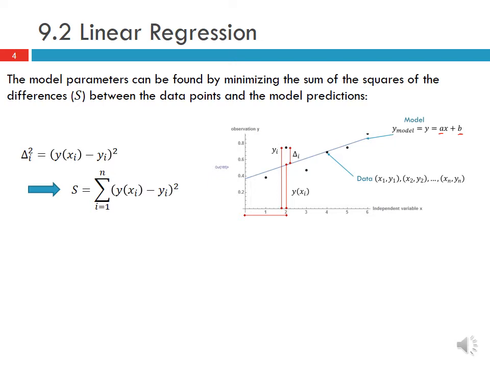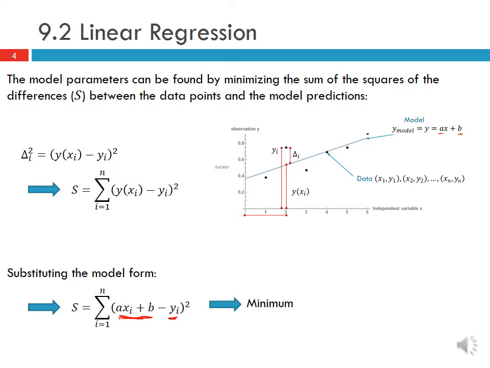So if we have our delta i's defined for every data point, S is the sum of the delta i's squared. If we substitute our model form in, this S is equal to the sum of axi plus b minus yi. So this is our model prediction at xi, and this is our actual data at xi, which is yi. All that squared and summed, we want to make that a minimum by finding the values of a and b that would minimize that quantity.